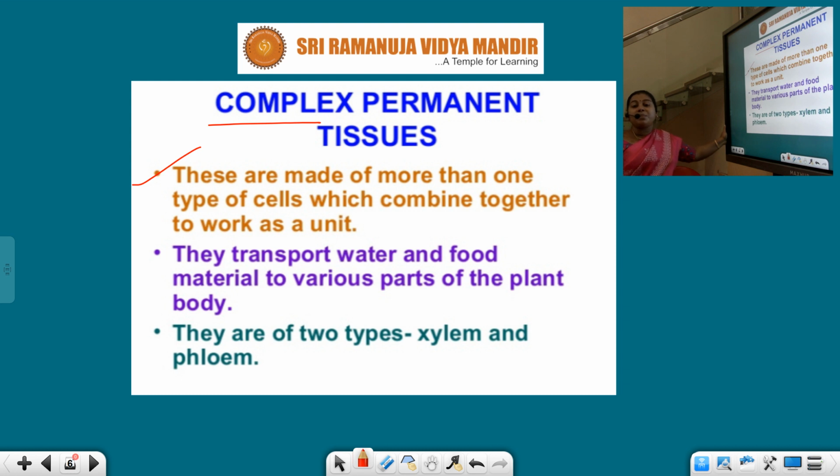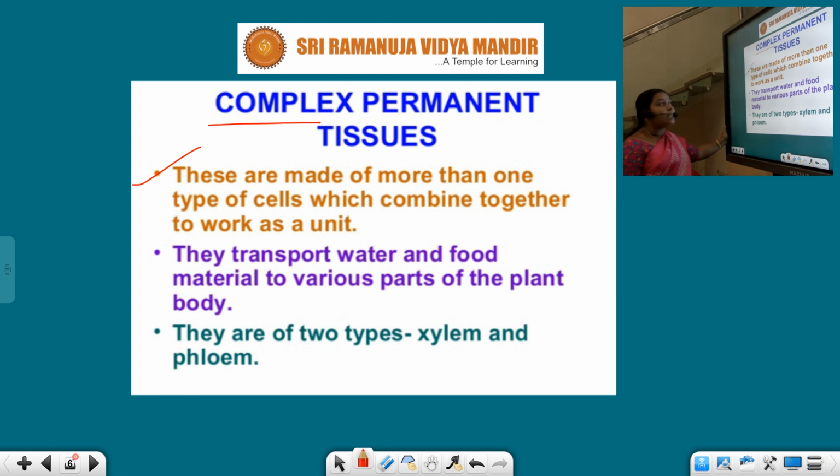The tissue is made up of similar cells, so it performs one simple task. But in the case of complex tissue, it has more than one type of cells performing different functions. That is the first difference between simple and complex tissue.